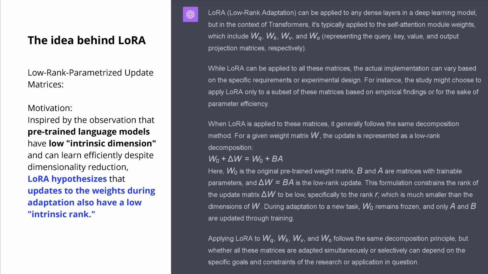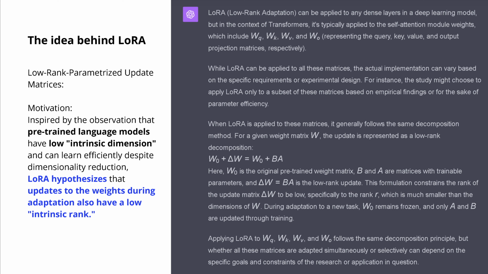And LoRA is simply a simplified form of singular value decomposition. And we go here with the matrix B and the matrix A. Now, you know that those are the trainable parameters, and this delta W is our low rank update. Beautiful.